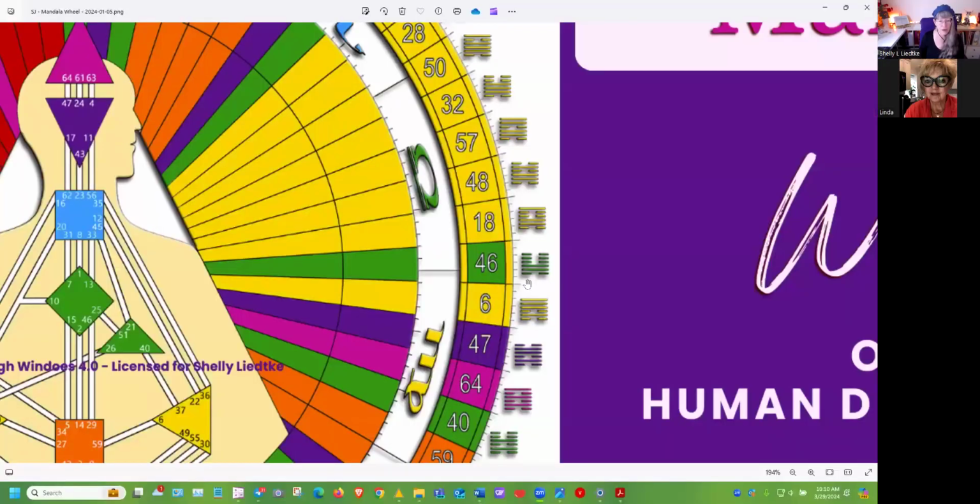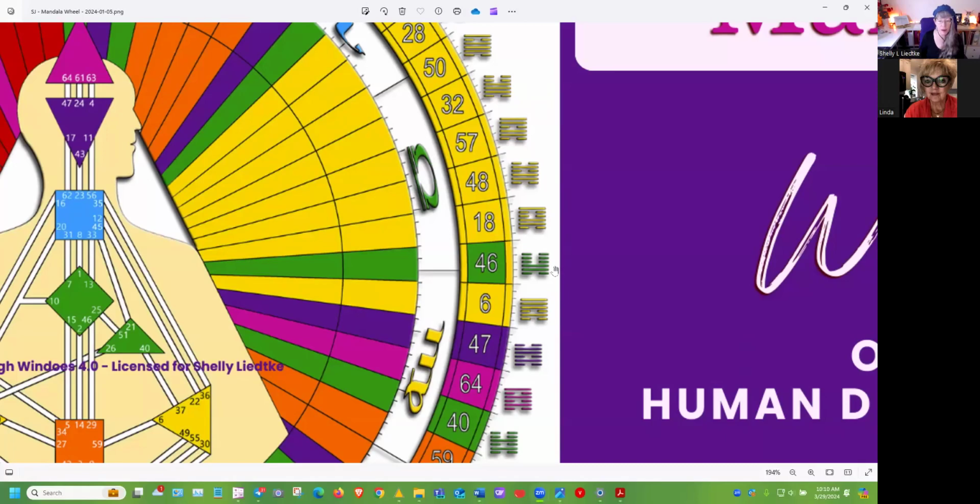I'm going to share my screen again. For those that are new to the Human Design system, each one of the hexagrams has a little glyph that goes with it, with its chop marks, and each hexagram has 6 lines.